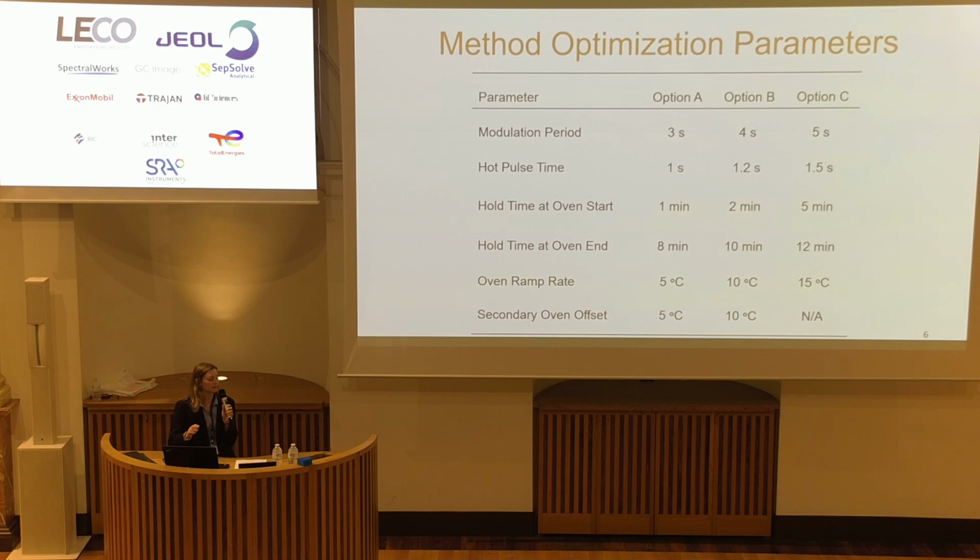I performed this method optimization looking at 6 different GCxGC parameters with 3 options each, looking at different times, oven hold times, ramp rates, and secondary oven offset. The methods I ended up choosing, you'll see in a second why, are mostly on the higher ends of the time scale, like the 5-second modulation period and the 1.5-second hot pulse time.